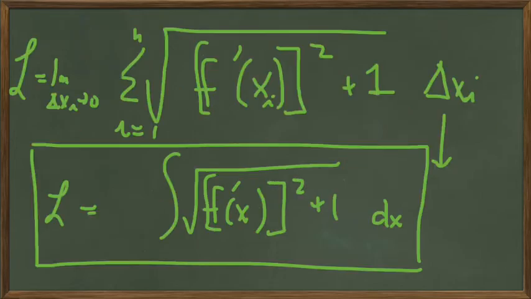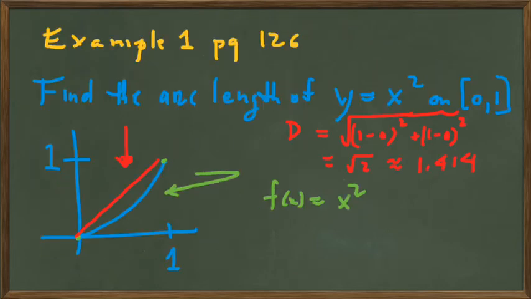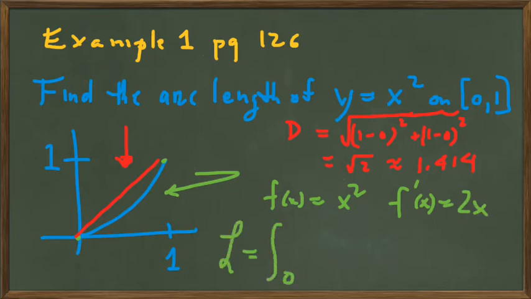So the formula, the arc length formula, requires that we know the derivative of the function and that we square that. So the derivative of f of x is 2x, and we're going to square that. So the arc length is the integral between 0 and 1 of the square root of f prime of x, which is 2x, squared plus 1, and that is this.